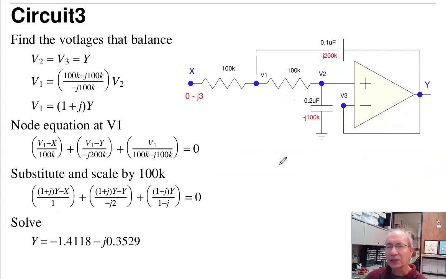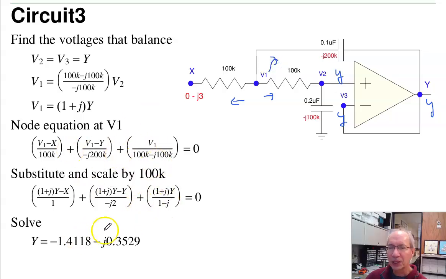If I want to try to solve by inspection, I know that this is Y, this is Y, this is Y. By voltage division, I know that V1 is R1 over R1 plus R2 times Y. I can find V1 in terms of Y. Then I can write the node equation at V1, current left, right, up equals 0.